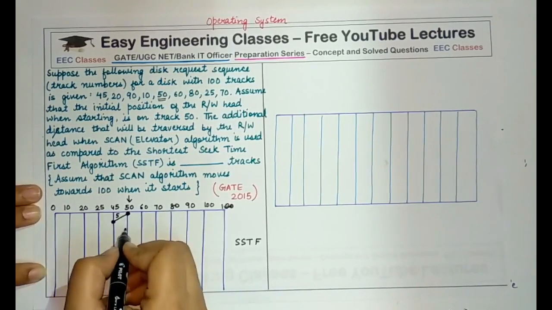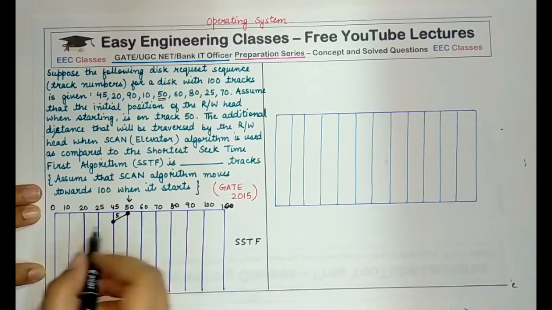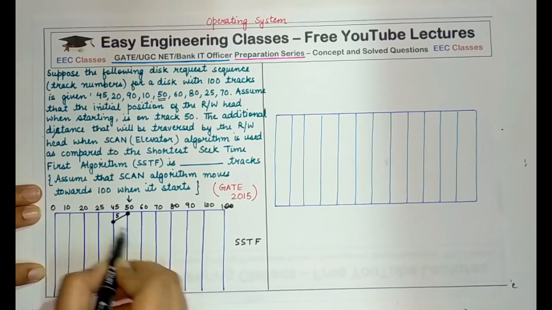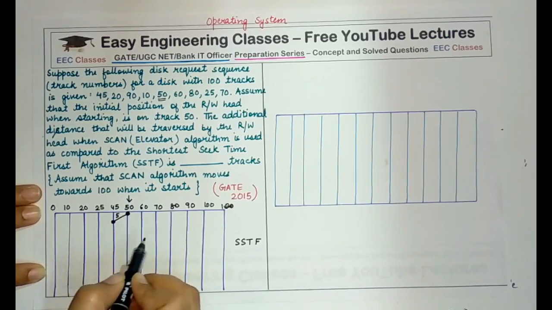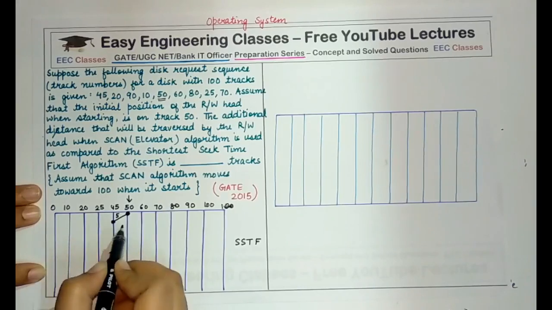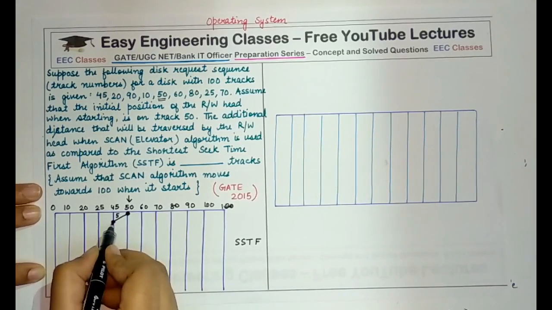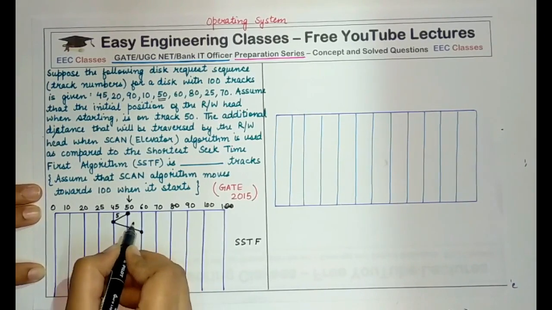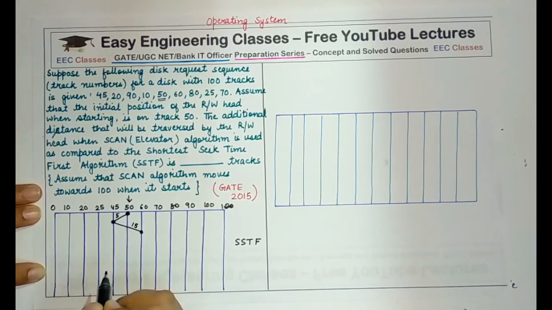Now from 45, the nearest request is 60, which requires a seek time of 15 units, instead of 25, which requires 20 units. So from 45 we move to 60 and service this request, using 15 units.